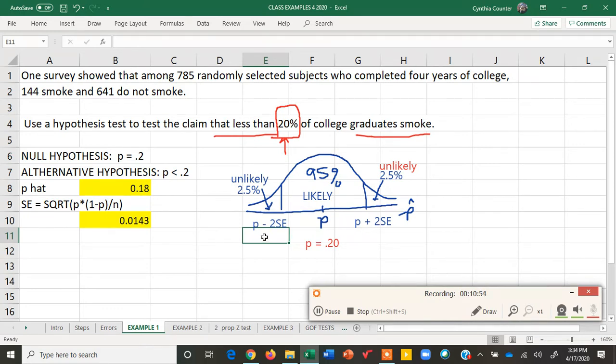But let's give it a shot here. So P is 0.2, and we are going to subtract 2 standard errors. Over here, P is 0.2, and we are going to add 2 standard errors.